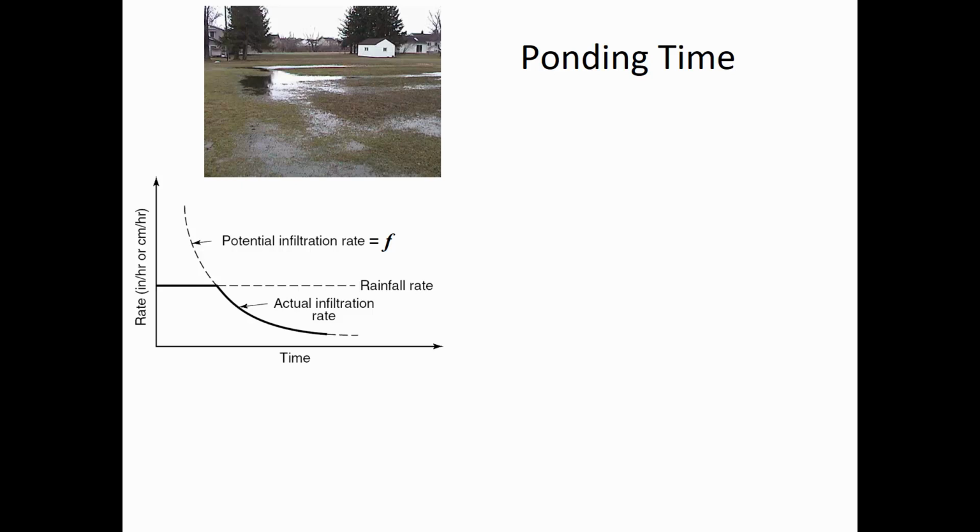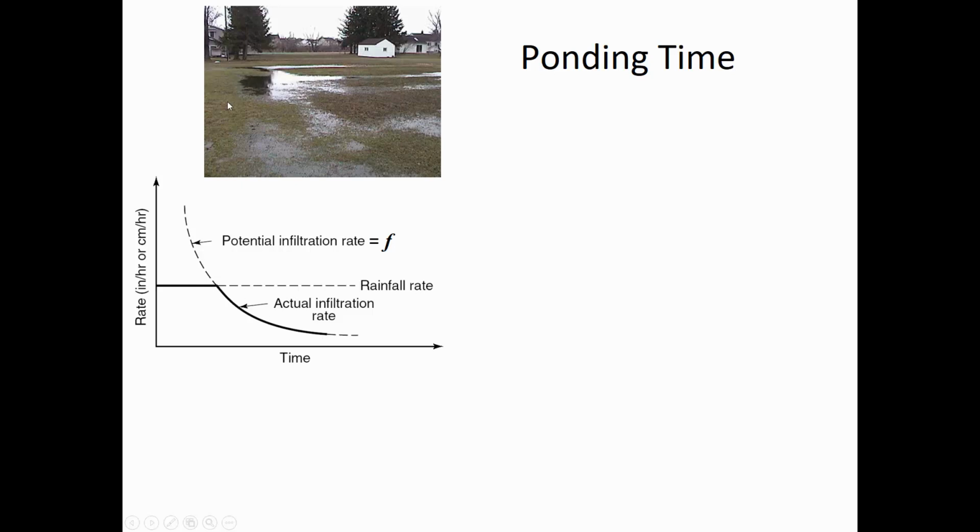And it only becomes the actual infiltration rate if there's ponding at the surface. And so we can say that when the rainfall rate is equal to the potential infiltration rate, that intersection between the two curves is when the ponding occurs.